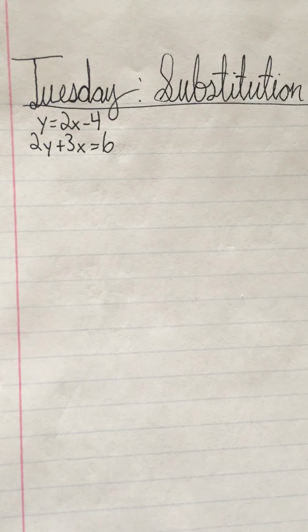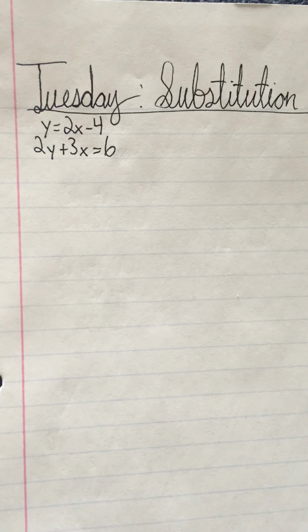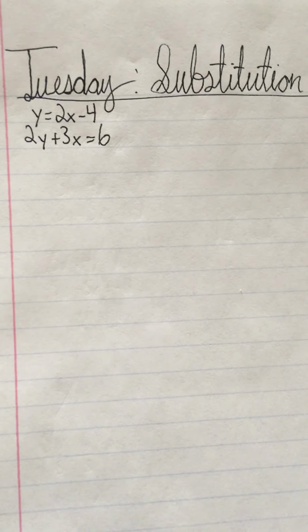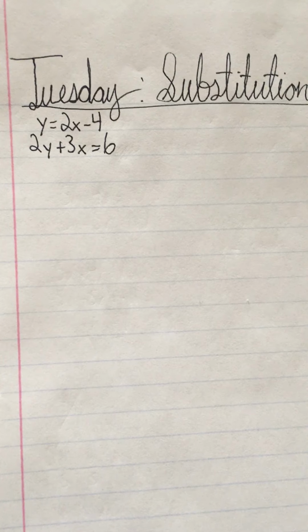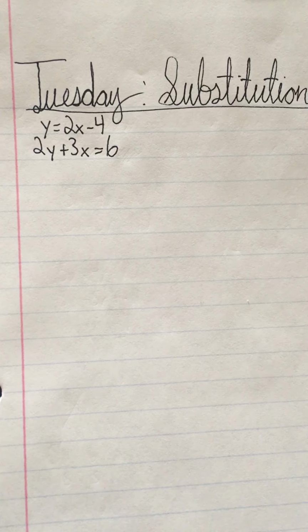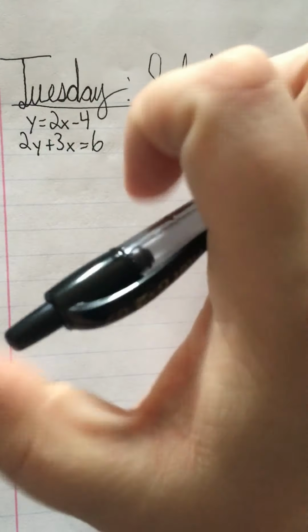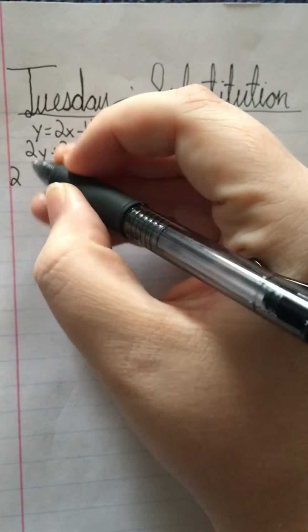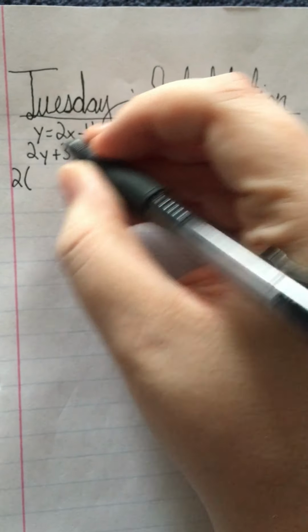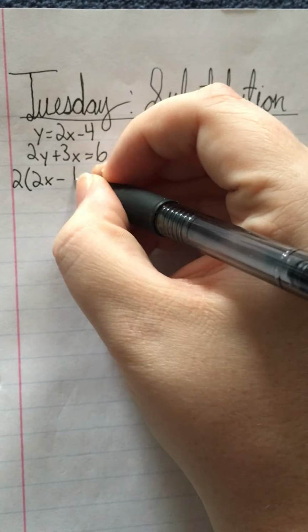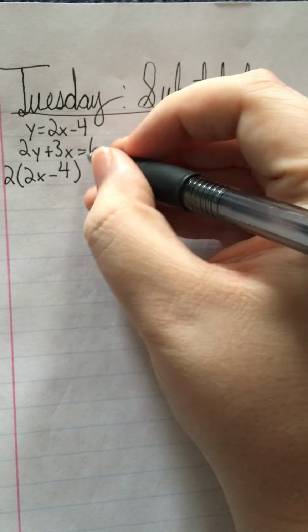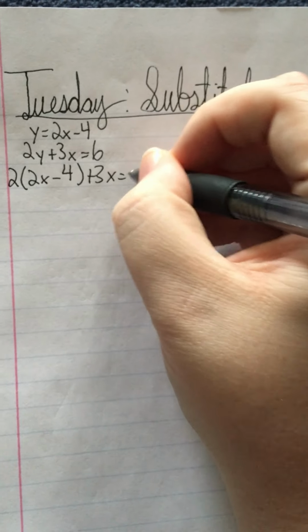So for this one, we have y equals 2x minus 4 and 2y plus 3x equals 6. This one's pretty easy because that first equation is already isolated, so you can just plug in 2 times our y, which is 2x minus 4, plus our 3x is equal to 6.